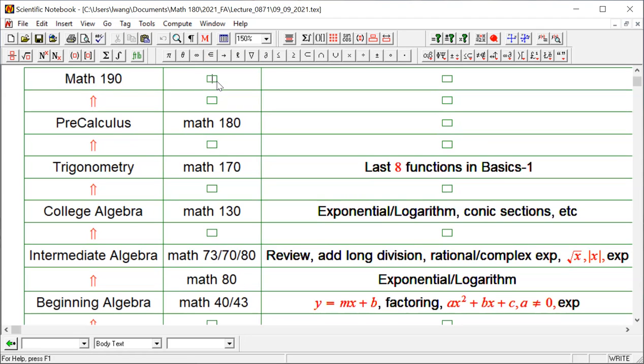In Math 190, you're going to use all of these materials covered by these courses.